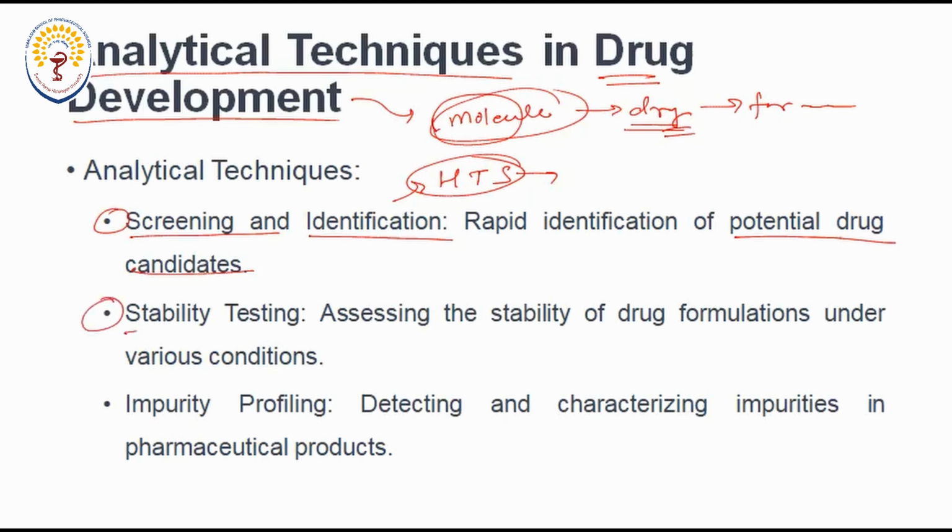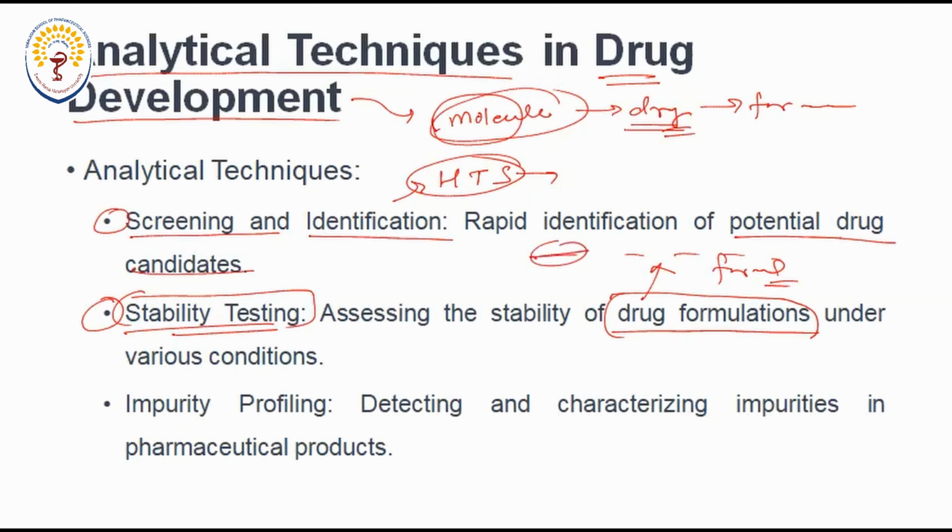Now, we are also testing stability. We are constantly testing the drug formulations that we have formed. See, not every drug molecule can be formed in various different kinds of formulations. It is possible that if you are able to make the tablet, maybe you are not able to make the syrup or parenteral of that drug molecule.